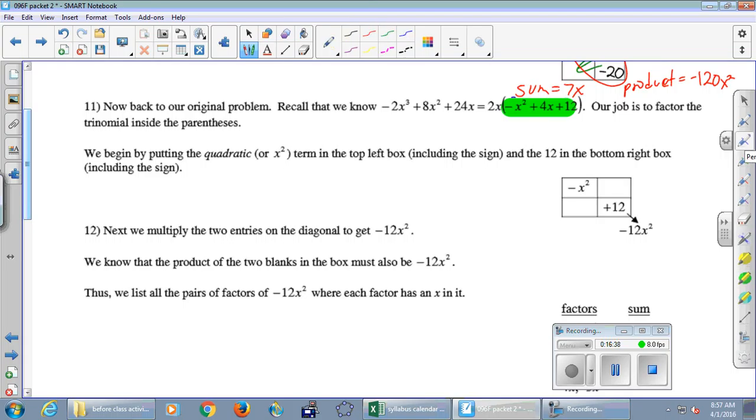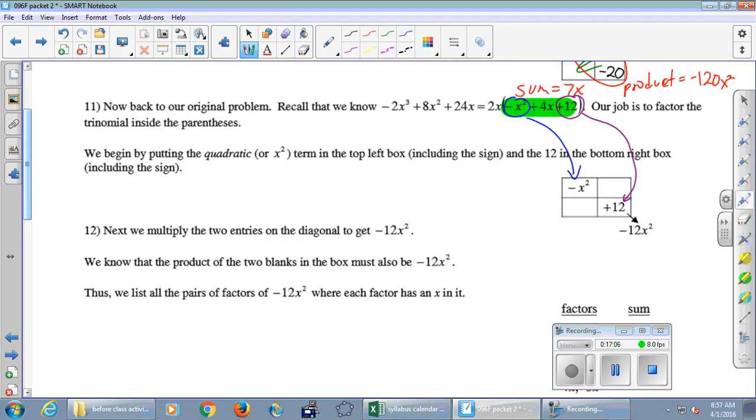That is this guy right here in the top left. It's already done for us. What about the bottom right? How do we find that number? All you have is the green. Yes, the one at the far right. That number without any x's has to go in the bottom right box.